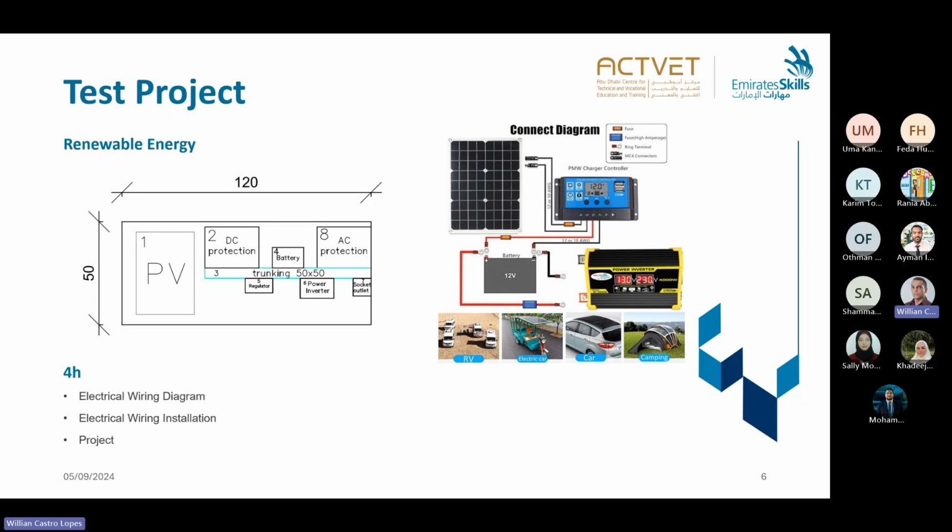The first part is an electrical wiring diagram. The second part is the electrical installation itself. The competitors will not be requested to do the structure. They don't have to cut or fix any component. They will just be requested to make the wiring. That's it. And the third part is the project.